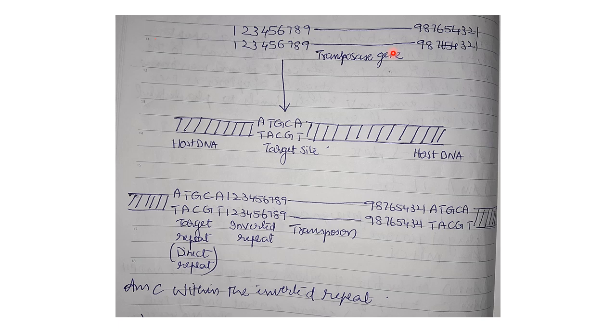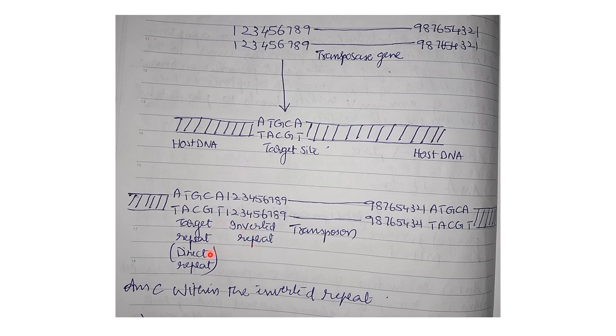And this IS element codes for nothing but the transposase gene, which is necessary for its own transposition. Now once an IS element comes in contact with the target site, the target site will get duplicated. This leads to the generation of direct repeats at the ends of the element. So this is the transposon.